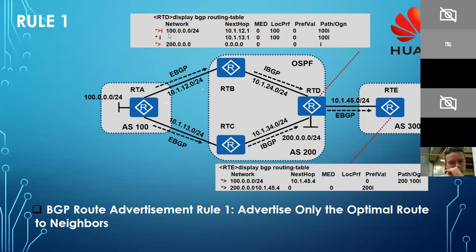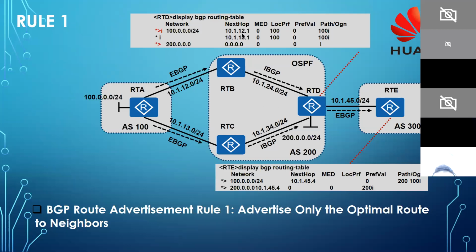And you see these two routes here. For going to the 100 prefix, RTD has two routes. The two routes are valid because they have the star, and the first route is the best, the route that is via RTB.